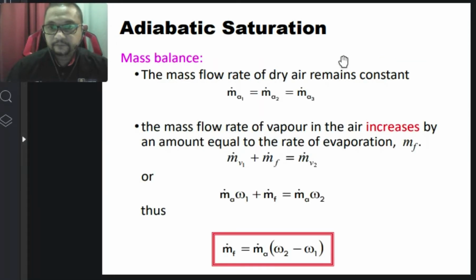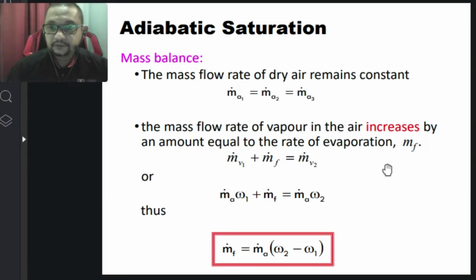Okay, based on the mass balance, the mass flow rate of the dry air remains constant. That means m dot a at point 1 is equal to m dot a at point 2, which is also equal to m dot a at point 3. The mass flow rate of vapor in the air increases by the amount equal to the rate of evaporation.